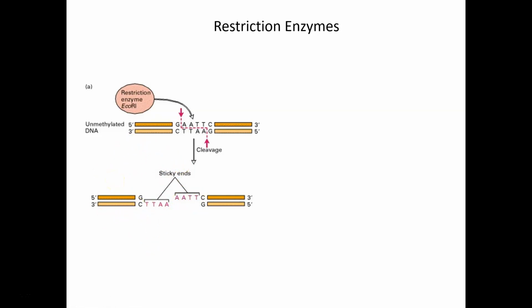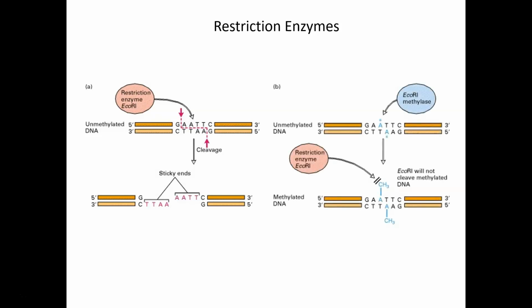Any restriction enzymes that cut in this staggered way are going to leave these sticky ends. Sticky ends are single-stranded overhangs of cut restriction enzyme sites that are hungry for, or ready to, base pair to their complementary sequence.